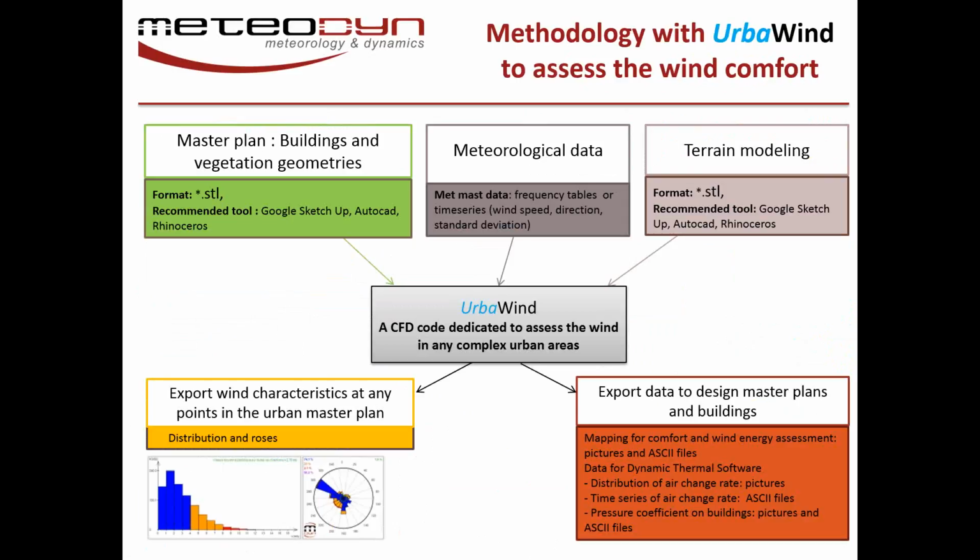That means wind speed, direction, and standard deviations. And terrain modeling is the same. It's an STL format given by Google SketchUp, AutoCAD, or Rhinoceros. So all these data are collected in UrbaWind in order to assess the wind in any complex urban area. And after, you can extract mappings of comfort directly.